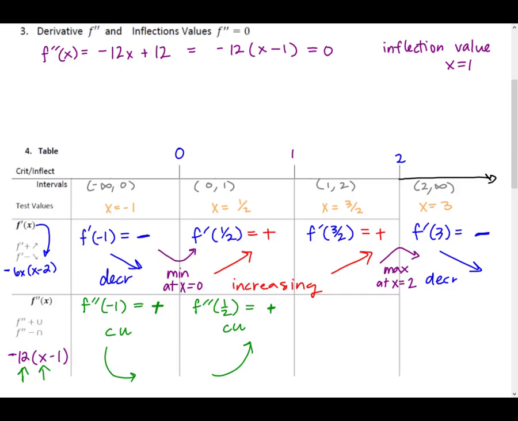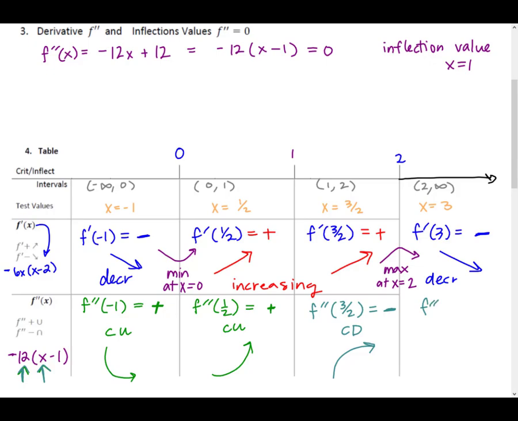So lastly, we've got two more sections of our interval. F double prime of 3/2. So when I plug that in, negative 12 is still in front. 3/2 take away 1 is positive, and a negative times a positive is negative. So that indicates concave down. Concave down increasing is left half of our concave down curve.